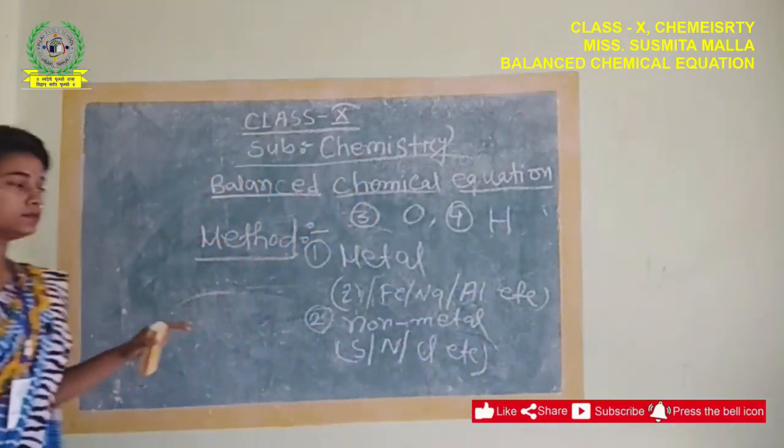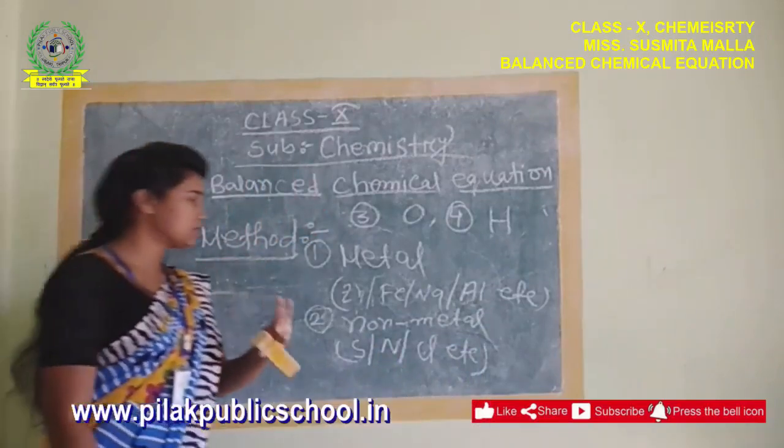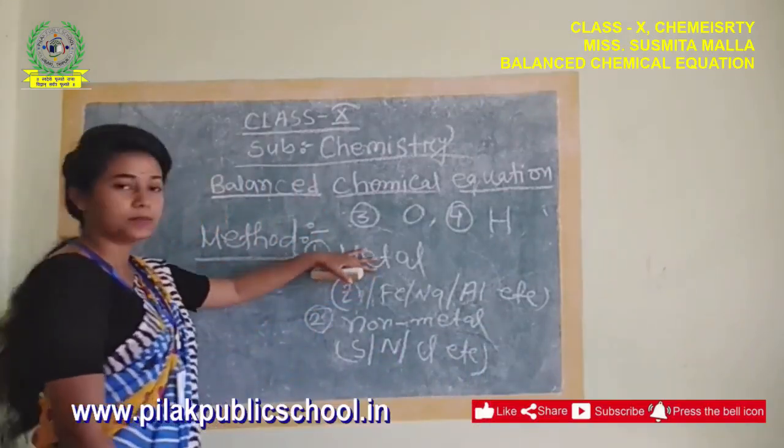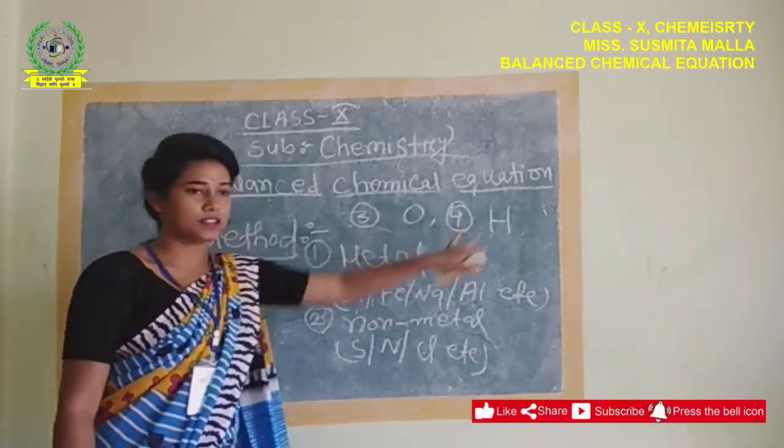Step by step we see how we balance a chemical equation. First of all, we balance metal elements, next non-metal, next oxygen, next hydrogen.